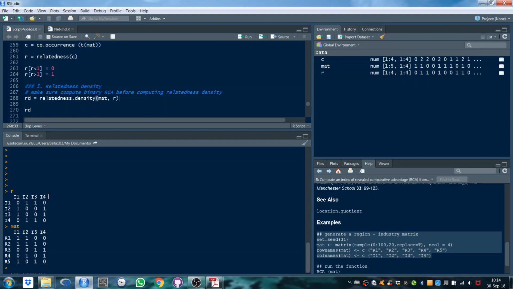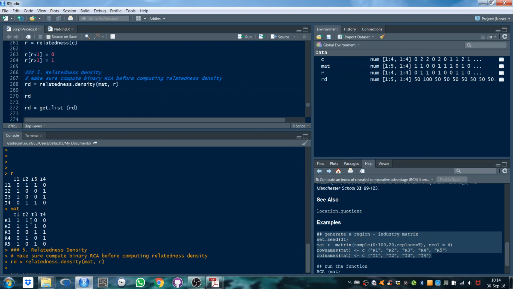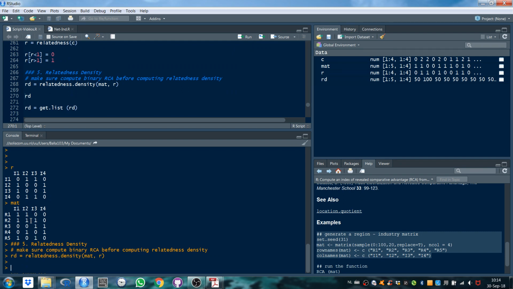So we're switching the unit of analysis, which is sometimes a bit difficult. What we're going to do is use the function relatedness density between mat and r and create an object rd. That's literally what's happening here.